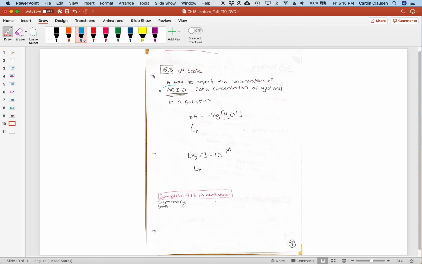So this only talks about acid. So this equation right here, we're saying this is how to calculate the pH from a known hydronium concentration.